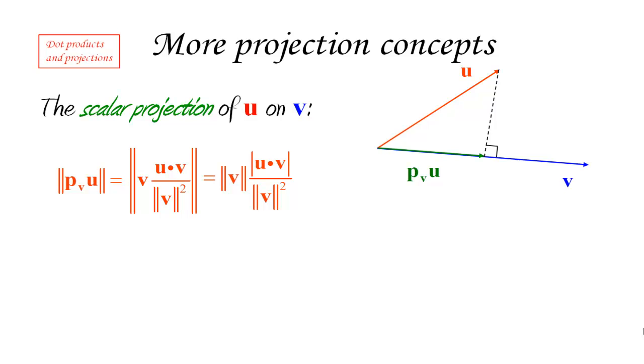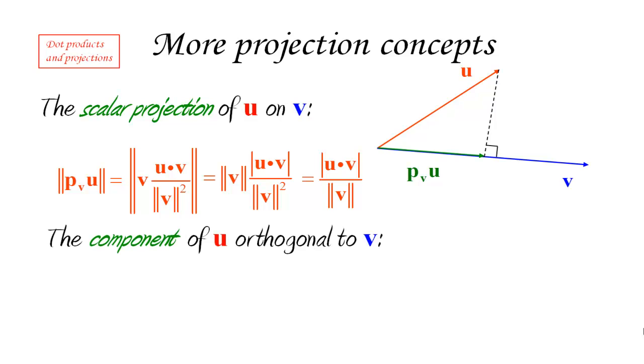Now all we're dealing with is numbers, and of course we can cancel that length of v with the length of v in the denominator, and it turns out to be just the absolute value of u dot v divided by the length of v. So it's just a fairly simple concept there.